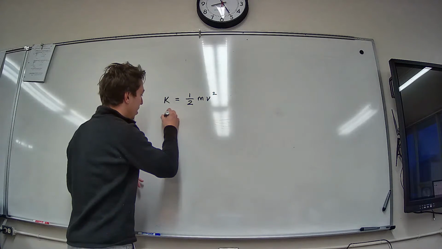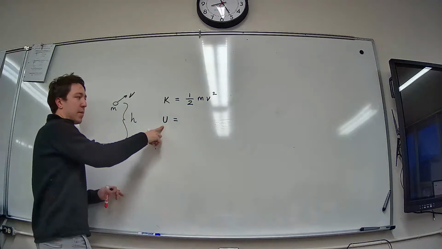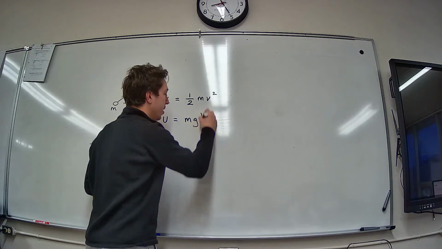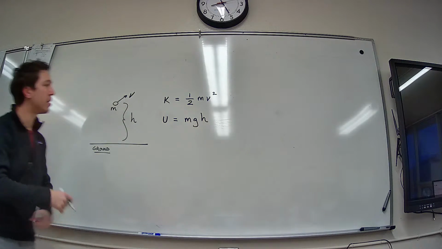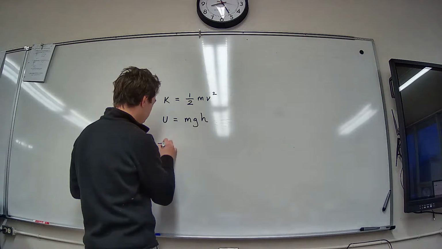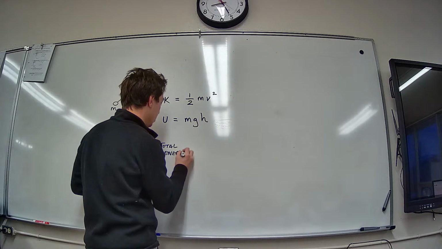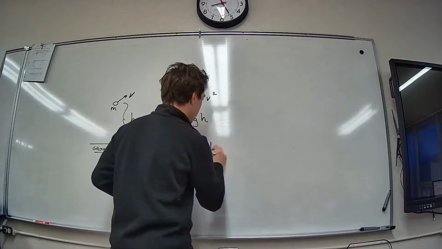And then you've also got potential energy, let me use an uppercase U, which is m times g times h, where g is just your 9.8 meters per second squared. And the total energy would just be the sum of those.